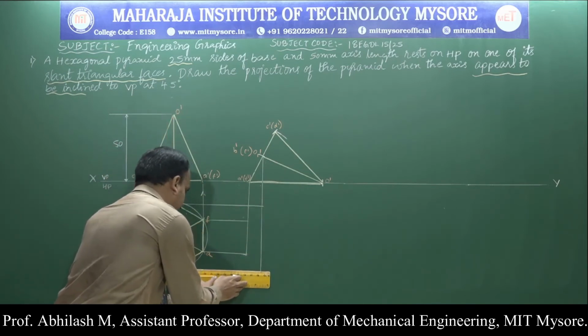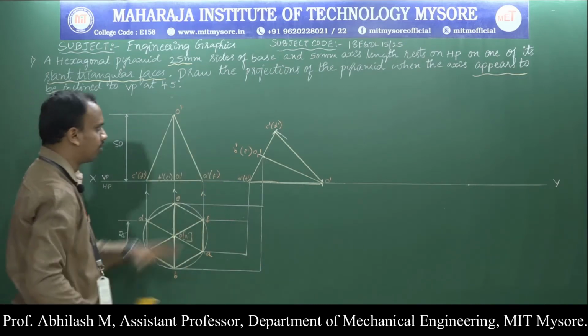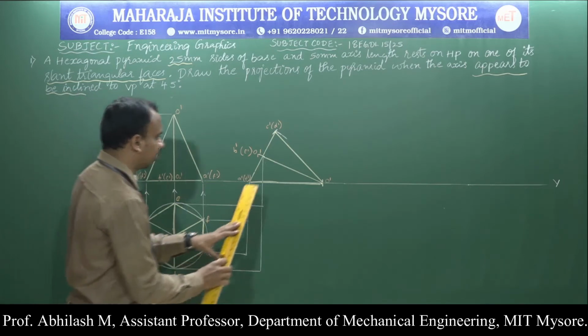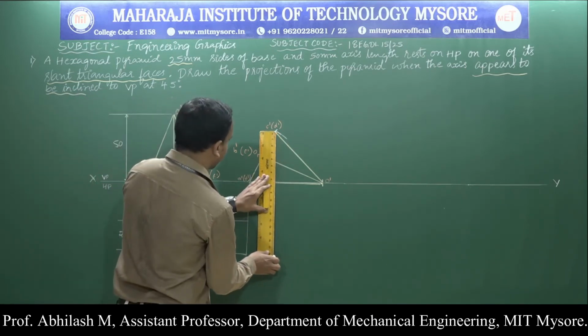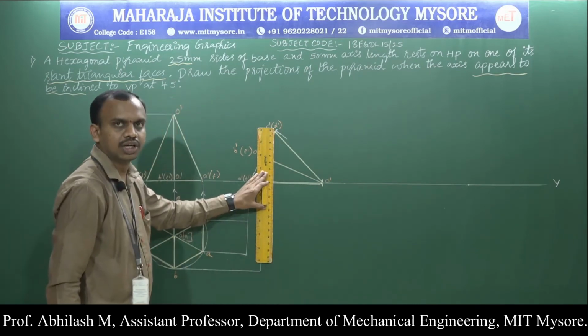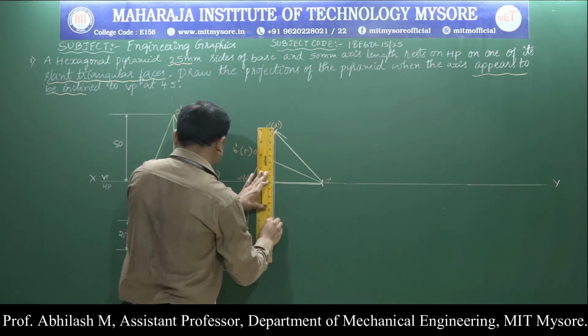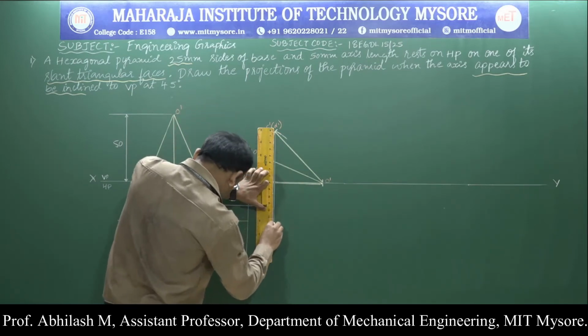Similarly from the point of B. Now again from C' D', we are supposed to draw a projection line, a right line, projection line up to C' D'.